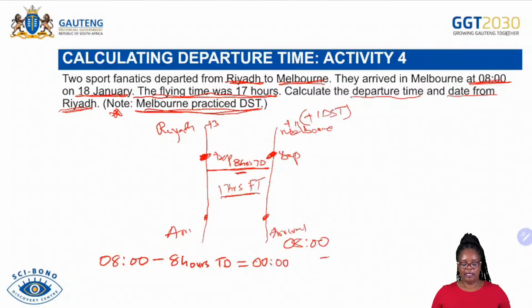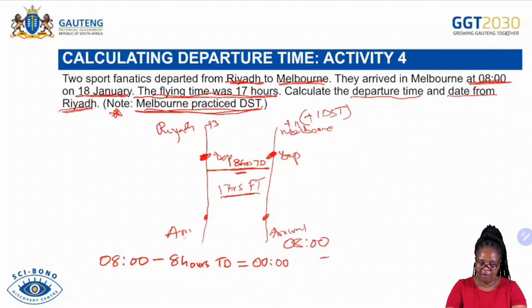We are not yet done because we need the departure time. Because this 0000 is the arrival time. When it was 8 o'clock here in Melbourne, 0800 hours in Melbourne, it was midnight in Riyadh.